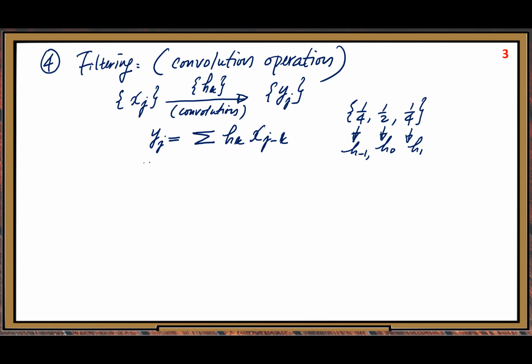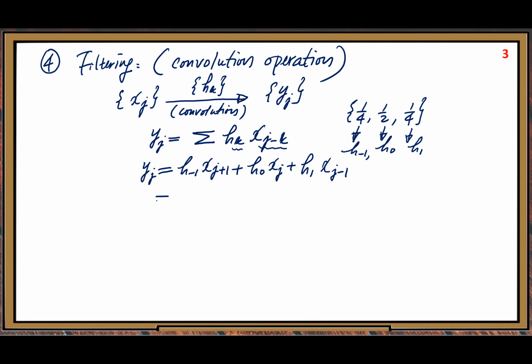So Yj for this filter equals H -1 times xj +1, because k equals -1, j minus k, so j +1. When k equals 0, the subscript of x equals j. And the third term, H1 times x j minus 1.